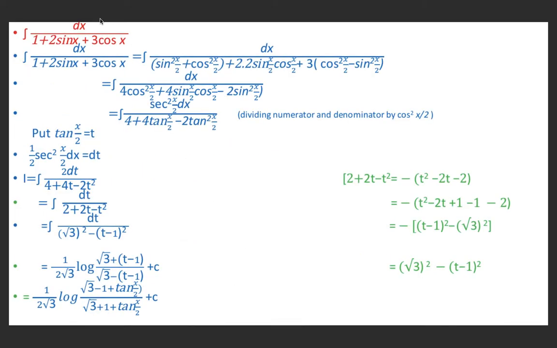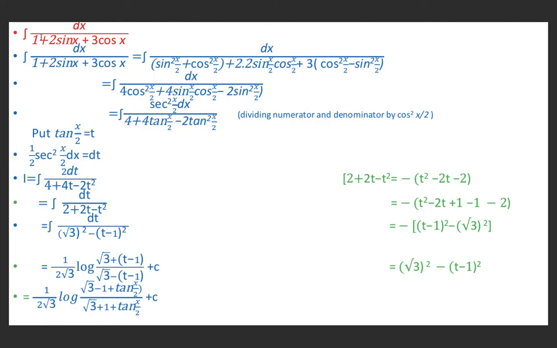Suppose we want to find the integral of 1 upon 1 plus 2 sin x plus 3 cos x. As I explained in the previous slide, always express sin x as 2 sin x by 2 cos x by 2, cos x as cos square x by 2 minus sin square x by 2. We have 1 here.